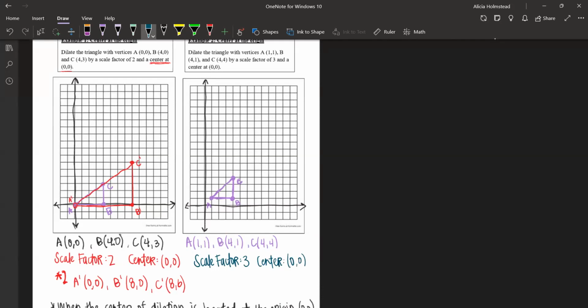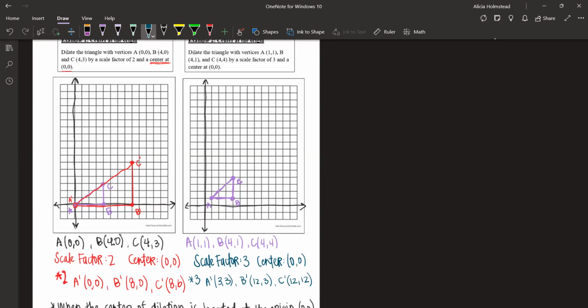To find those dilated points, we need to multiply everything by 3. So A prime will be at 3, 3. B prime will be at 4 times 3 is 12, 1 times 3 is 3. And C prime will be at 12, 12.